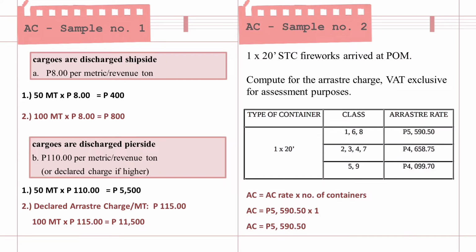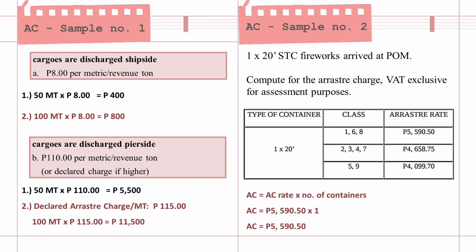Now, how about if the cargo is discharged pierside? Of course, let's just multiply again the 50 metric tons by the arrastre charge rate of 110 pesos. Okay, so the equivalent for that is 5,500 pesos. And if there is an instance that the declared value or the rate for the arrastre charge is higher than the mentioned rate as per CMO number 29-95, then just simply apply the higher rate.